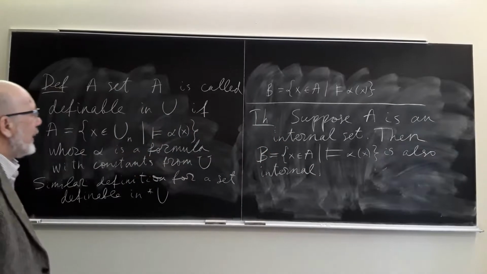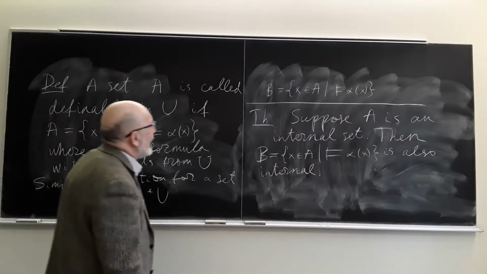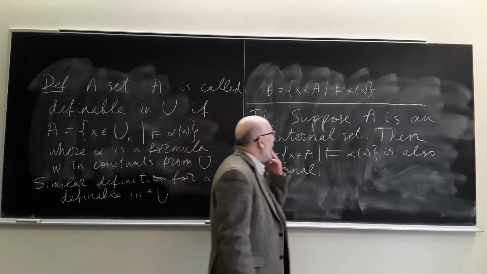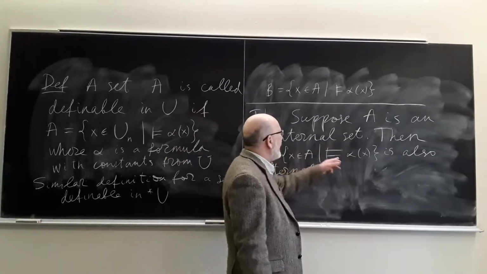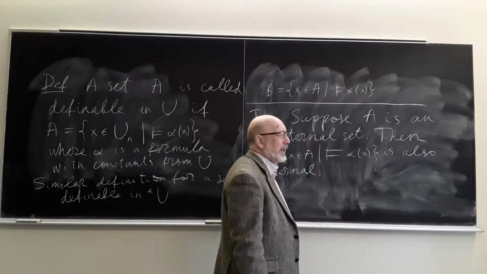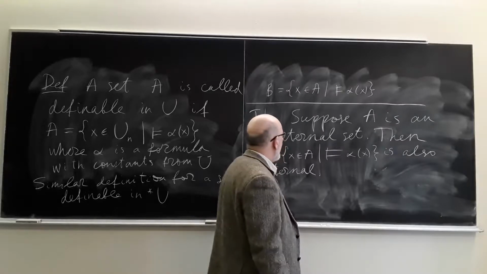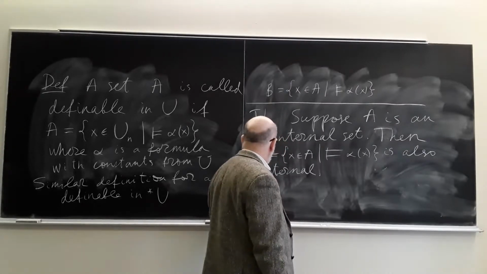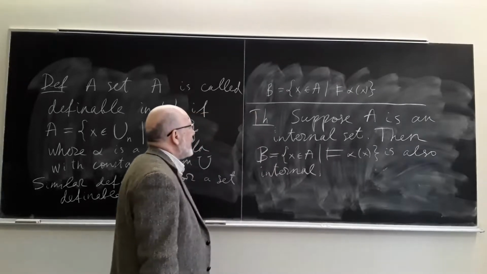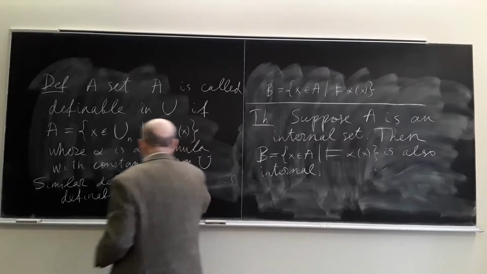It is already interesting because, as I said, alpha of x is an arbitrary predicate, arbitrary property, but nonetheless we have this quite general theory. Now let me explain to you why it is true.